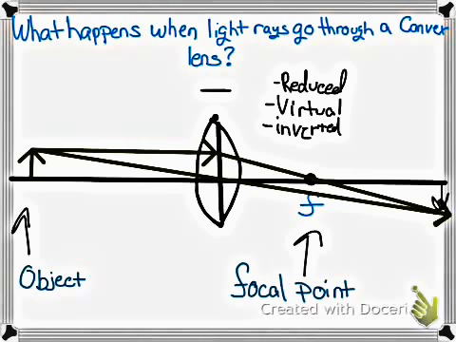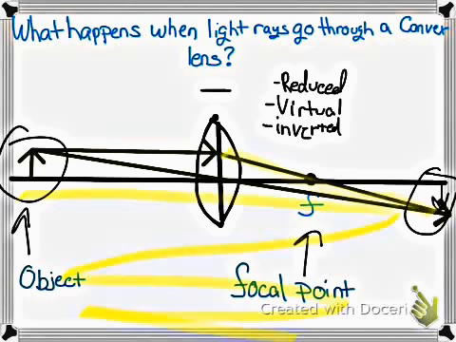Sorry, it's kind of floppy. It's reduced because it seems smaller than your original object. It's virtual because this light ray right here was converged. It's also inverted because it's below your principal axis.